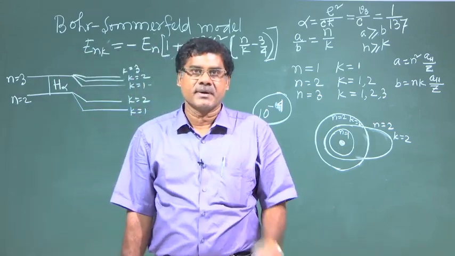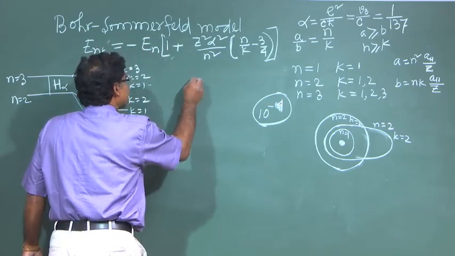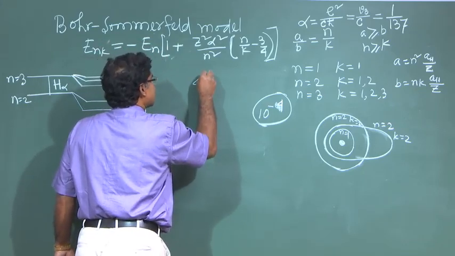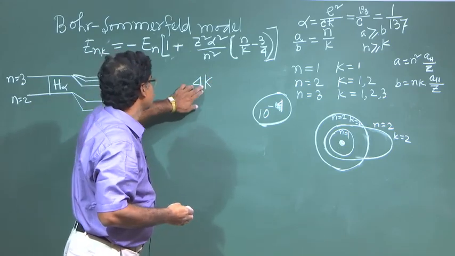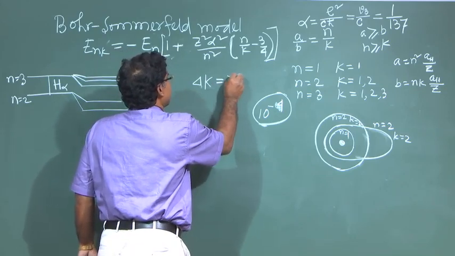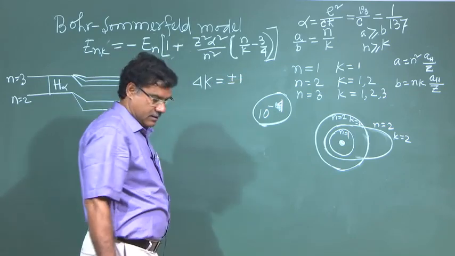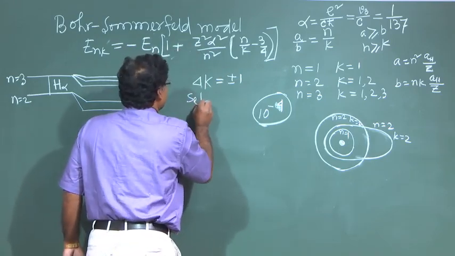Looking at the experimental result, a selection rule was considered: a transition is only possible when it satisfies delta k equal to plus minus 1. This is called the selection rule.